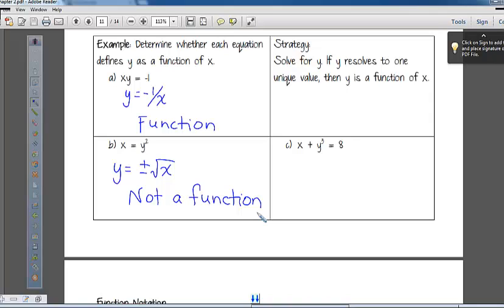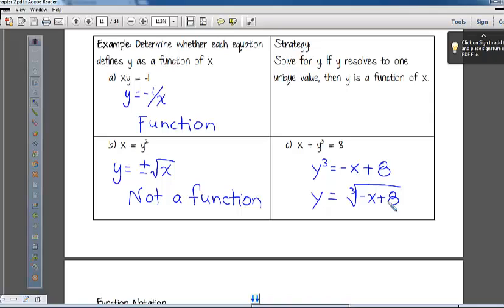In C, if I solve for y, we get y cubed equals minus x plus 8. Now I'm going to take the cube root. So we get y equals, with an odd root, I don't have to worry about plus or minus. If I put in one x value, how many y values do I get out?